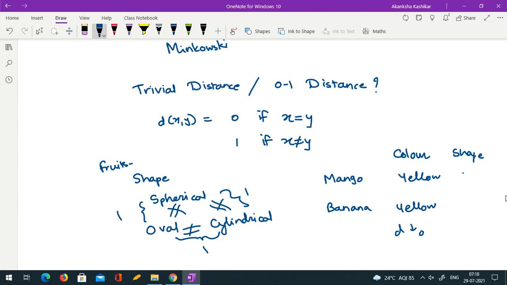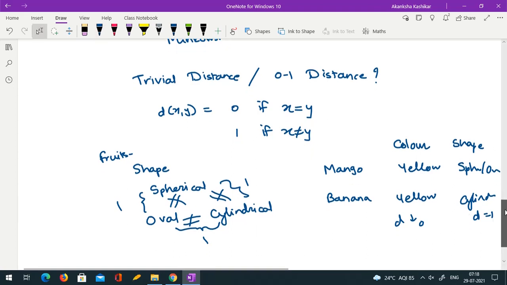The distance on the basis of shape is 1, because this is supposed to be some sort of sphere or oval, whereas this is supposed to be cylindrical. So here the distance is 1, so the total distance is 0 plus 1, so 1. I want to compute distance in such a manner. Hence, for categorical data, this trivial distance or 0, 1 distance turns out to be very useful.